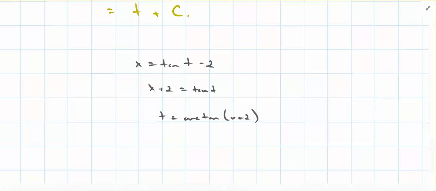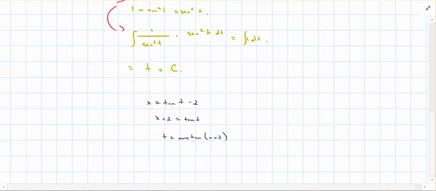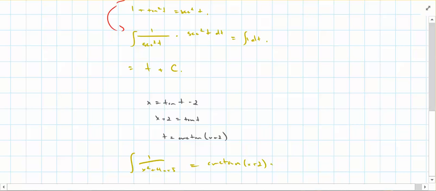And so the integral of 1 over x squared plus 4x plus 5 dx is equal to arctan of x plus 2 plus c.